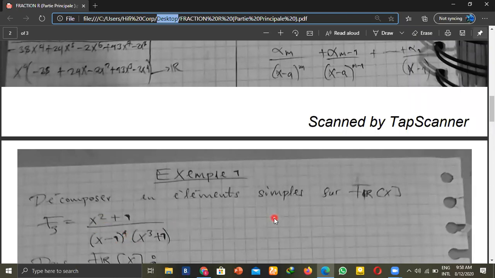So our partie entière will be equals to 0. Then this means that we can decompose it directement. There's no need of you doing the division Euclidean to find your partie entière, because if your partie entière is not equal to 0, you have to identify the partie entière. When you identify it, then you are going to decompose the remainder over this also.